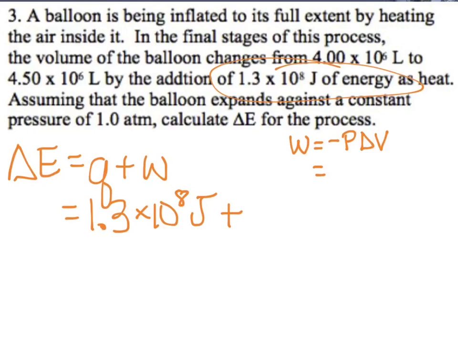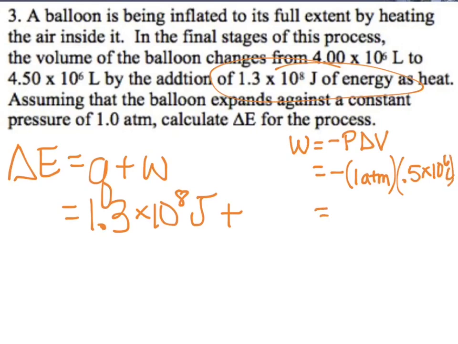Okay, so negative, our pressure is 1 atmosphere, and our delta V is, what is it? 0.5 times 10 to the 6 liters.